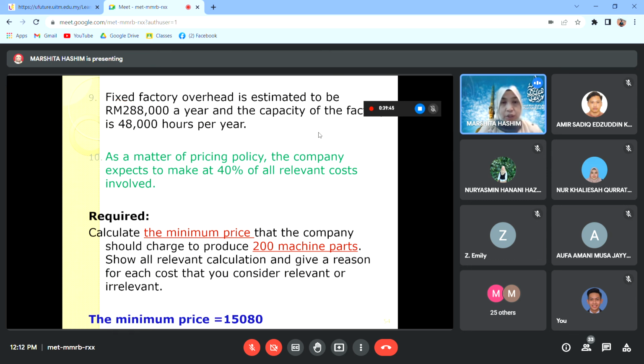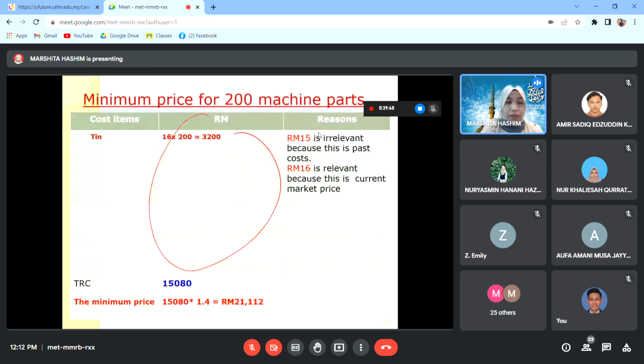Okay, and then you total up this column, you will get total relevant cost 15,080 ringgit. And then you multiply by 1.4 or you add 40%. Or you can straight away multiply 15,080 by 1.4. Then you will get minimum price for 200 machine parts.